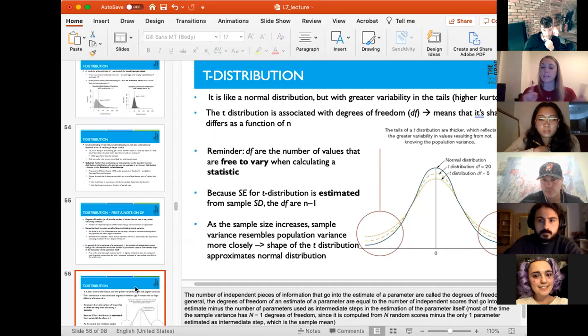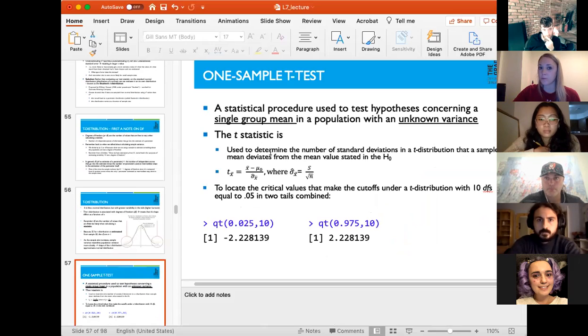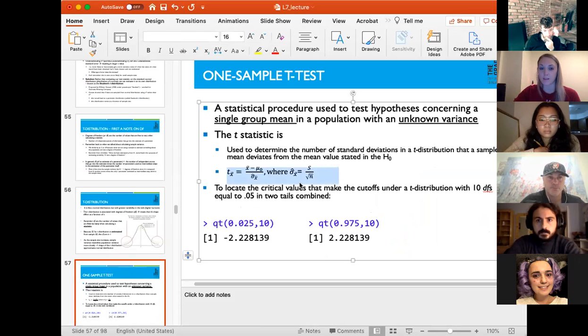So all of this is very similar to what we did with the one sample z, but now we're doing it with a one sample t. Does that make sense? So basically, this formula is going to be identical to what we've done with a z-score. The only difference is instead of calculating standard error with the population standard deviation, you're going to do it with the sample standard deviation.